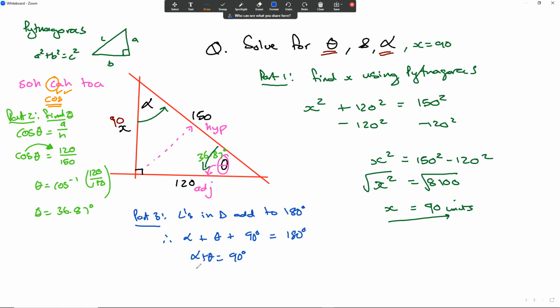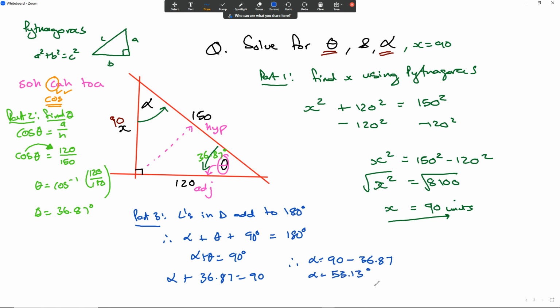Now we just worked out theta. So alpha plus 36.87 equals 90. And so now we subtract it from both sides. Alpha is equal to 90 minus 36.87. Put that on a calculator, and let's see what we got. So 90 minus 36.87 will come to 53.13.